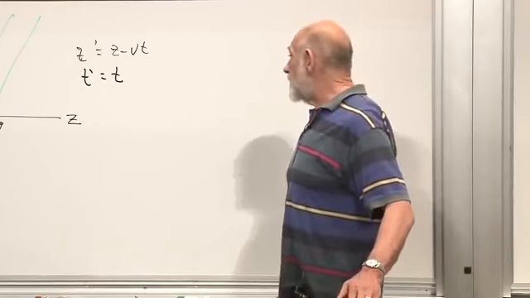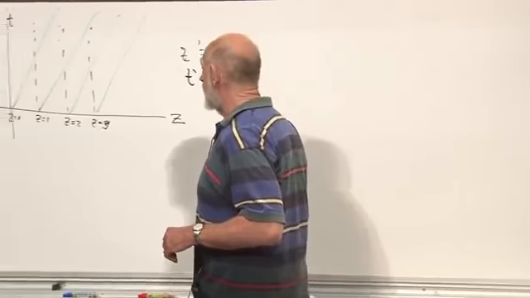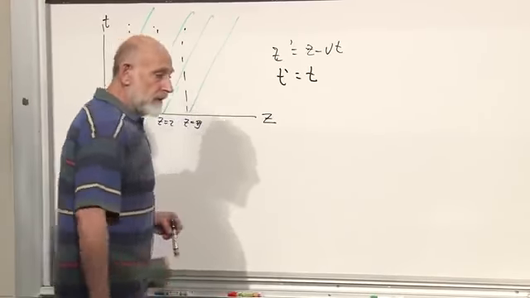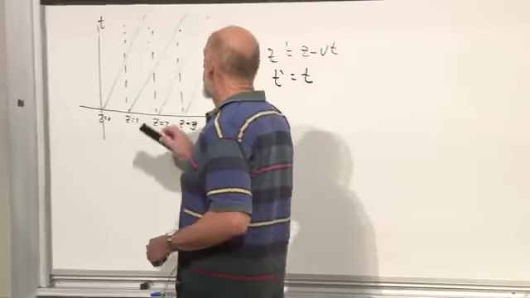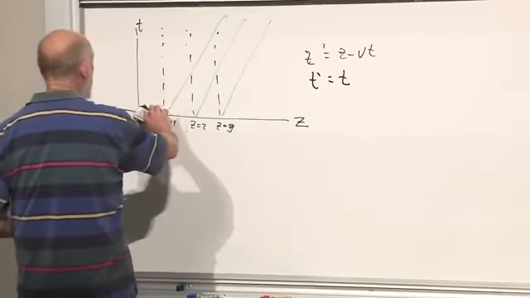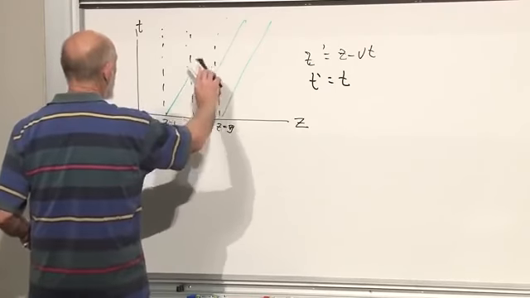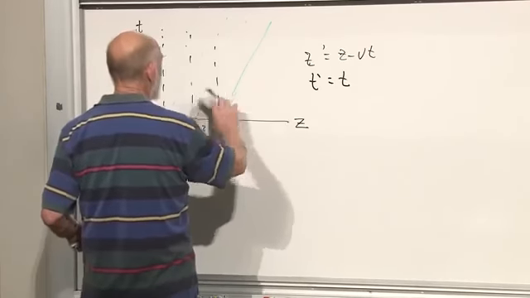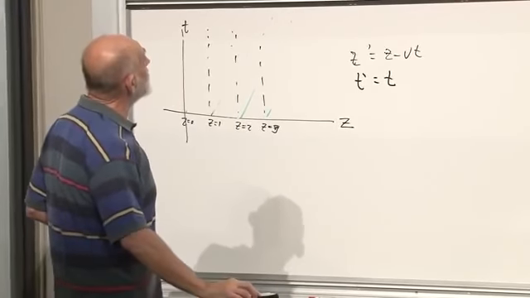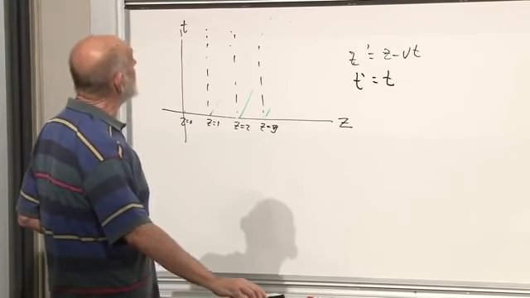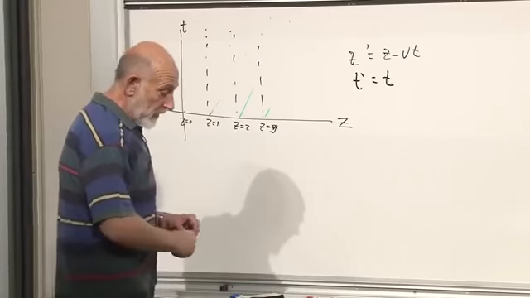Okay, now let's do the same thing for the accelerated coordinate system. Z prime is equal to z minus 1/2 gt squared.